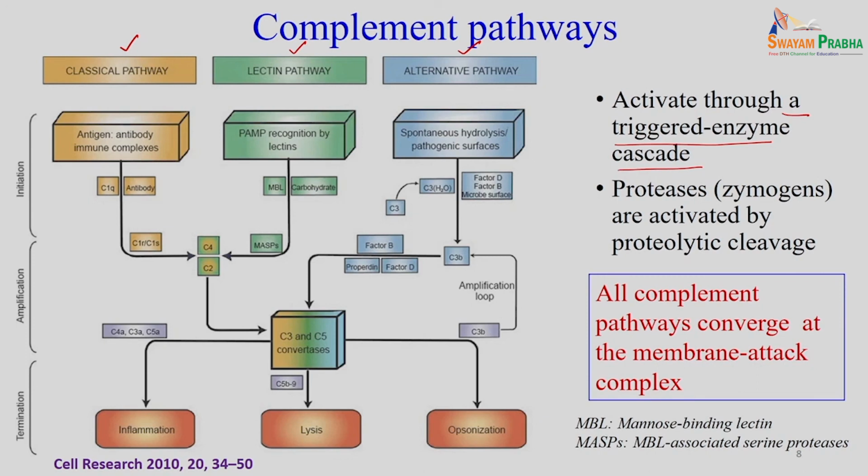The lectin pathway is activated whenever the carbohydrate binding domains of particular pathogens are present. And the third pathway is the alternative pathway. It is activated when there is some pathogenic surface or even some foreign material or some spontaneous hydrolysis.